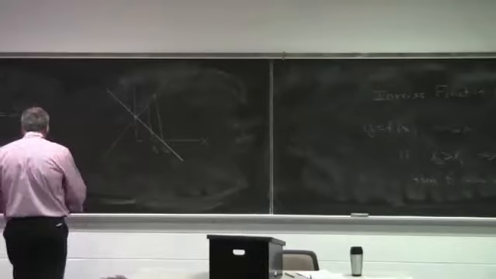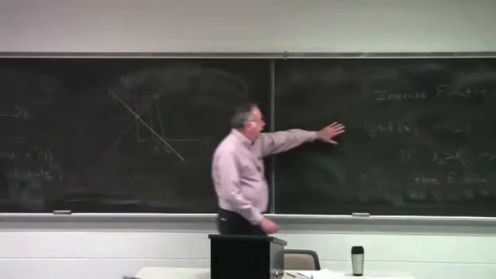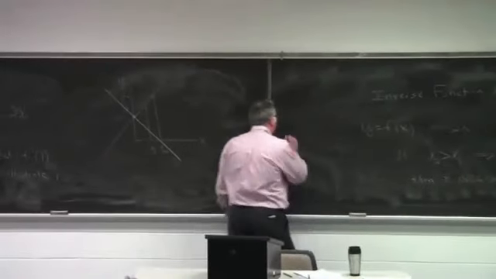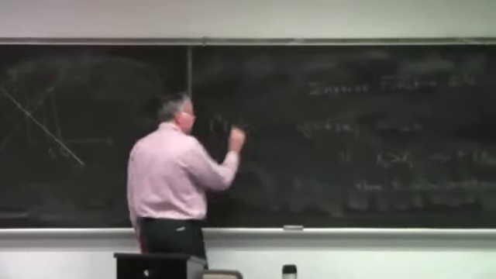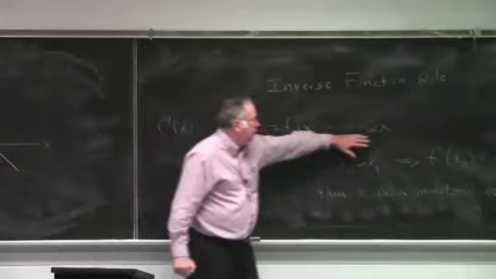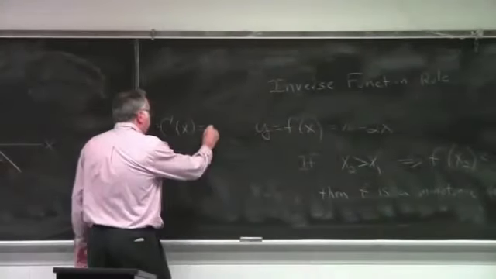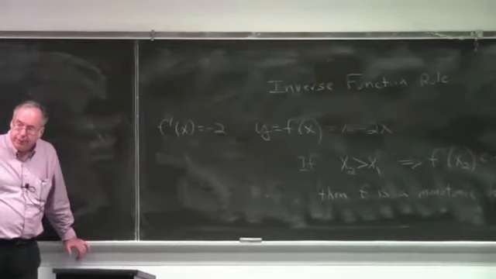So f prime of x in this case is always equal to what? In this case right here, -2, and that's -2 for all values of x.